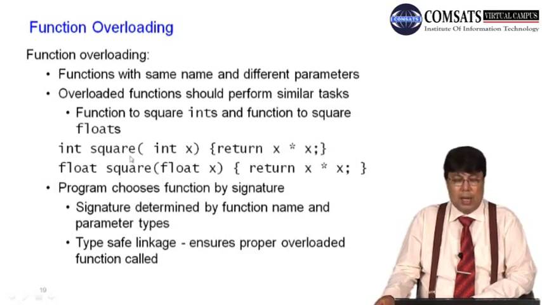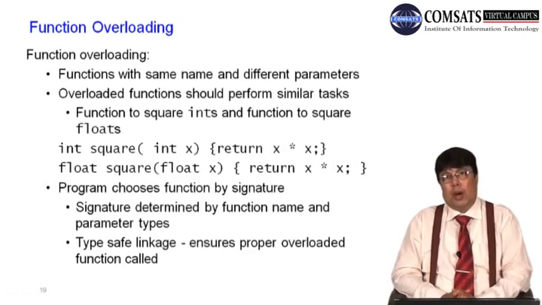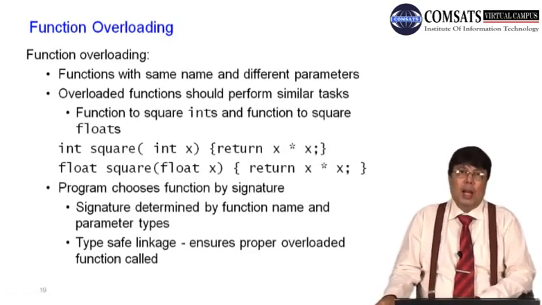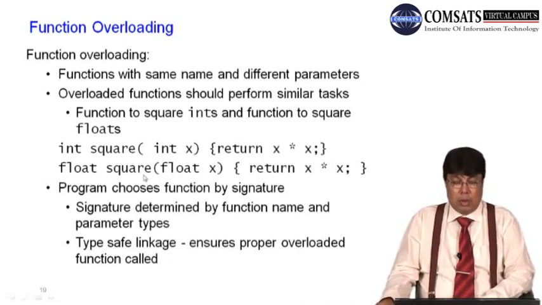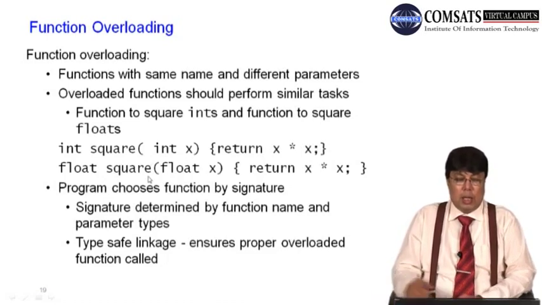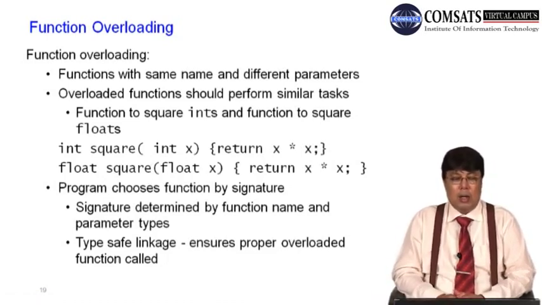So we are using the same name but different types of arguments. You can have your argument either integer or float, and also the return type. This technique is called function overloading, and this feature is available in C++.